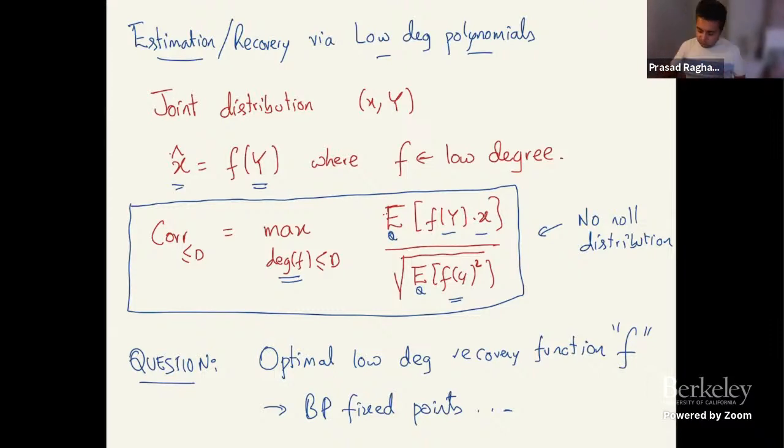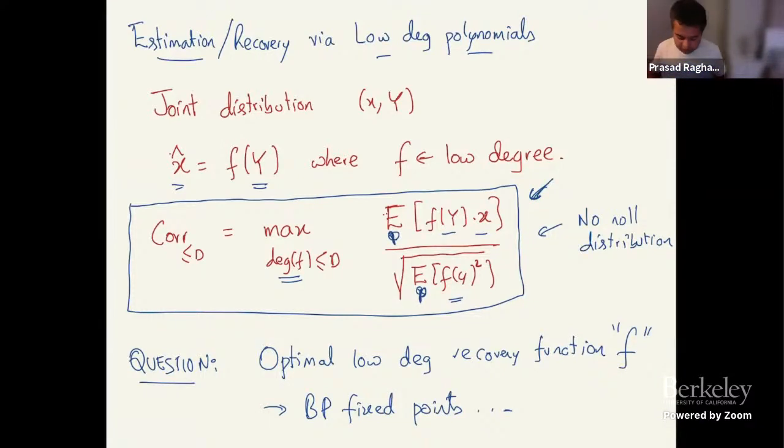What is the connection between BP fixed points and the optimal low degree recovery function, which is the optimum of this program that I wrote down here? And the key difficulty with this program is that, unlike the earlier program, we only have the planted distribution P in both the numerator and denominator.